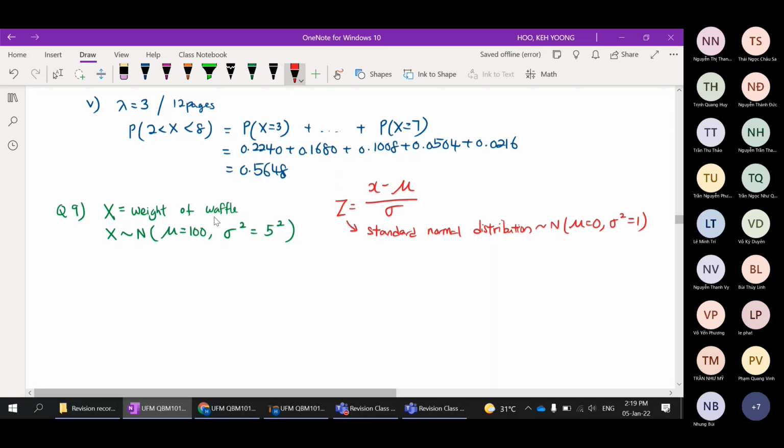We want to convert to this standard normal distribution.